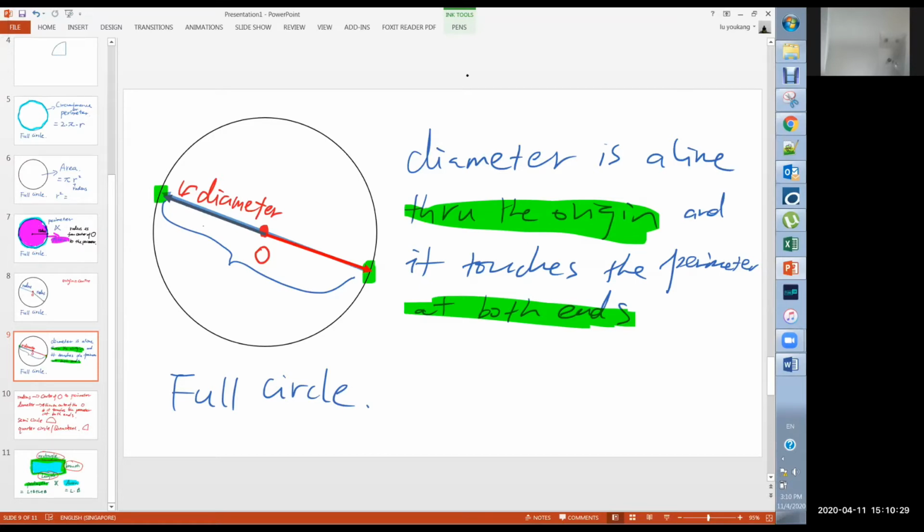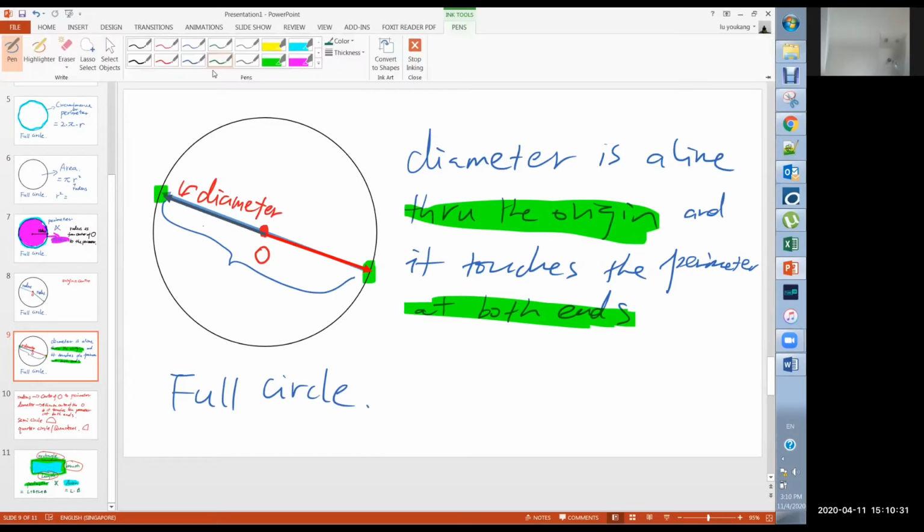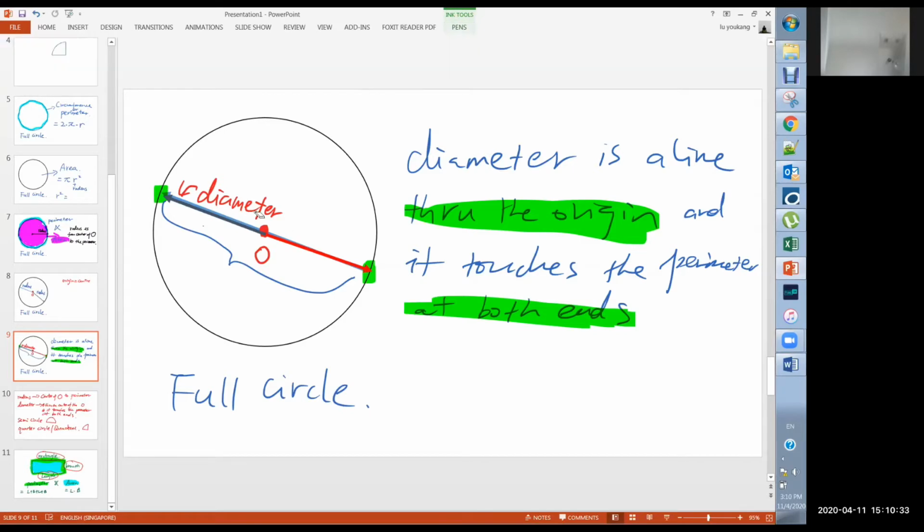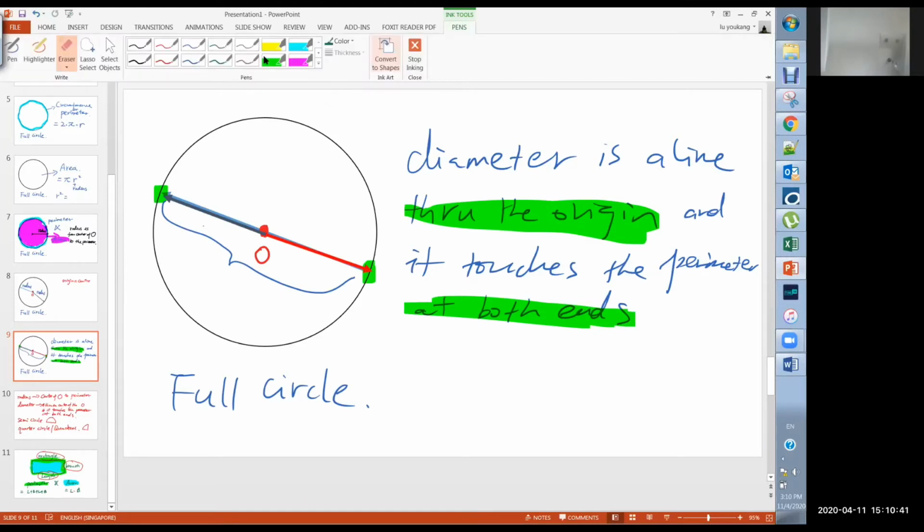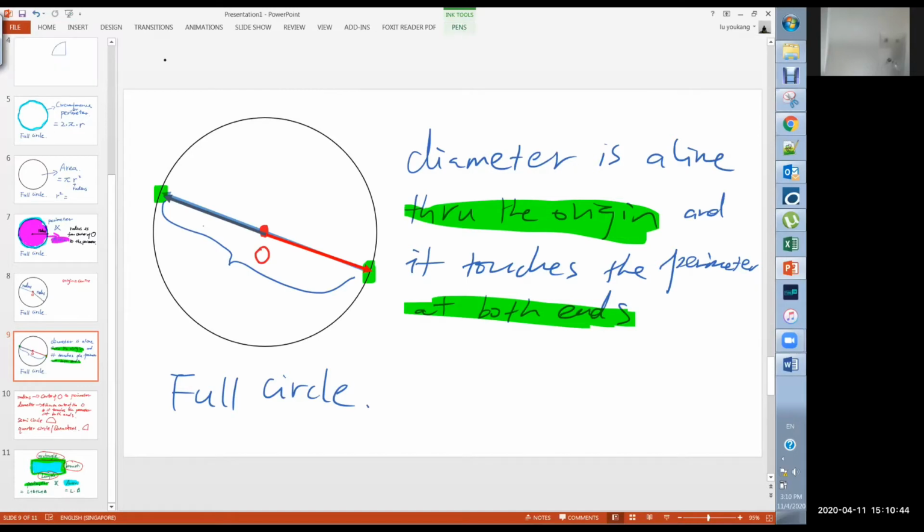So the black line is the radius. Then the red line is your radius also. So that means your diameter is actually made of two radii. So if this is your diameter, your black one is your radius, right?